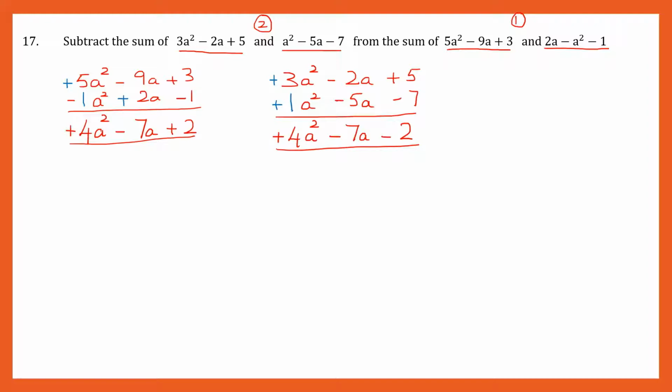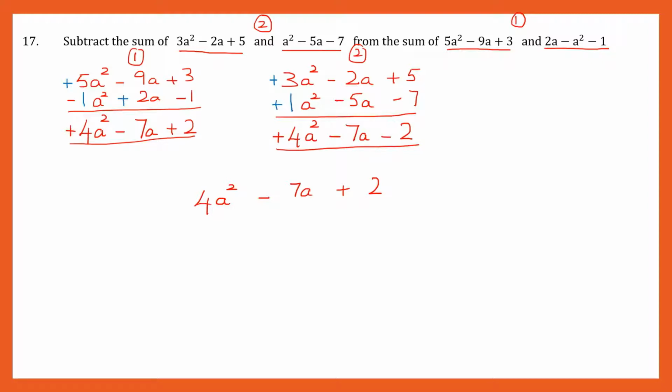So now we have the first expression and the second one. So subtract the second answer from the first one. So let's write the first one first. 4a square minus 7a plus 2. Below this, let's write the next one.